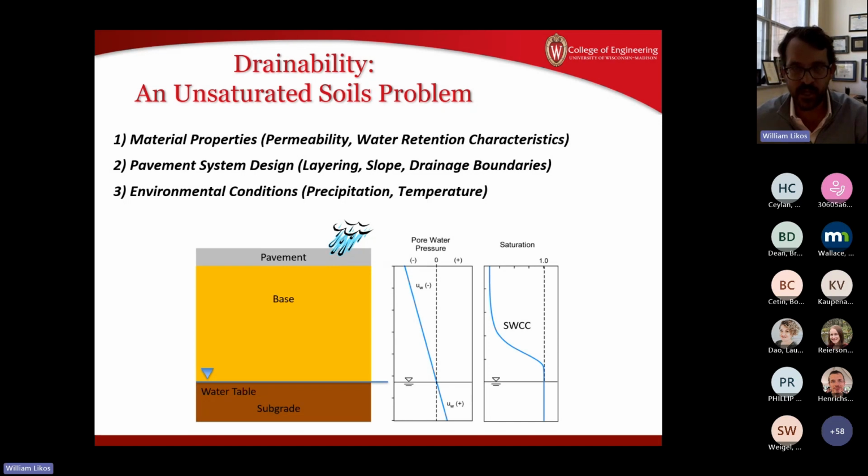The first one is the pore water pressure profile, U sub W. And so under hydrostatic equilibrium, pore pressure is 0 at the water table, increases positively and linearly hydrostatically below that water table, and negatively above the water table. We call that matrix suction.